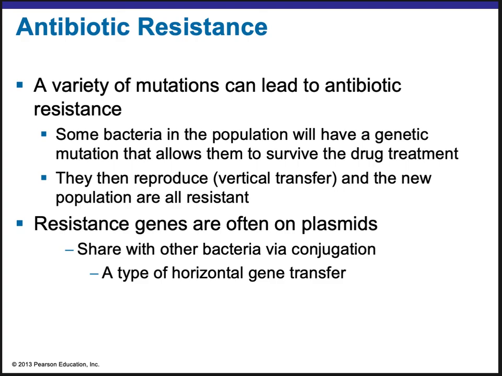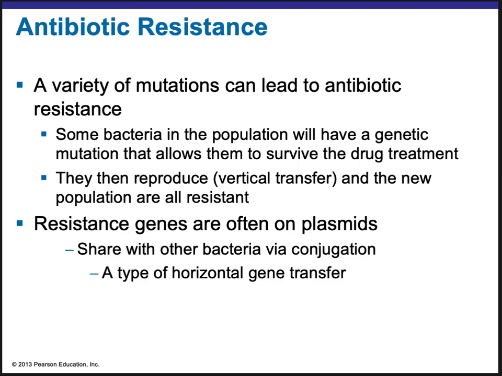Most of the time, it doesn't lead to anything. Most mutations are non-functional and even harmful, but occasionally they are beneficial. And so you'll get this natural resistance. So you take an antibiotic or you use it in some way and you kill the majority of the population that is susceptible.